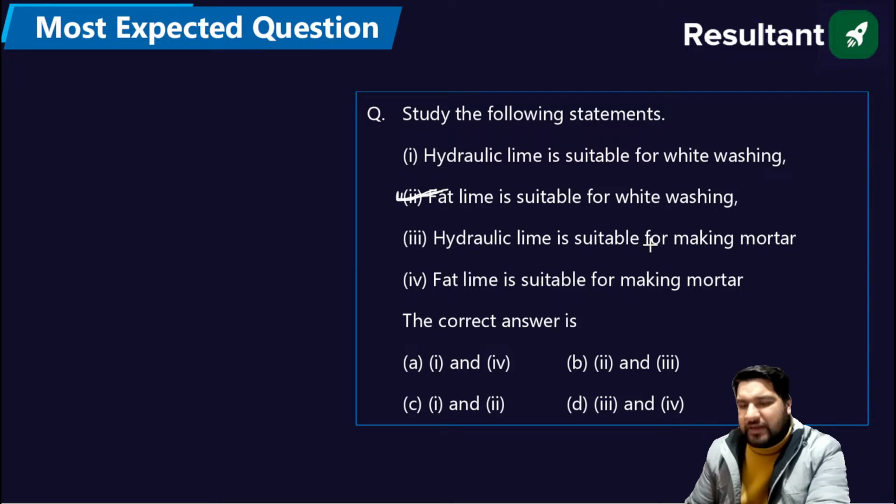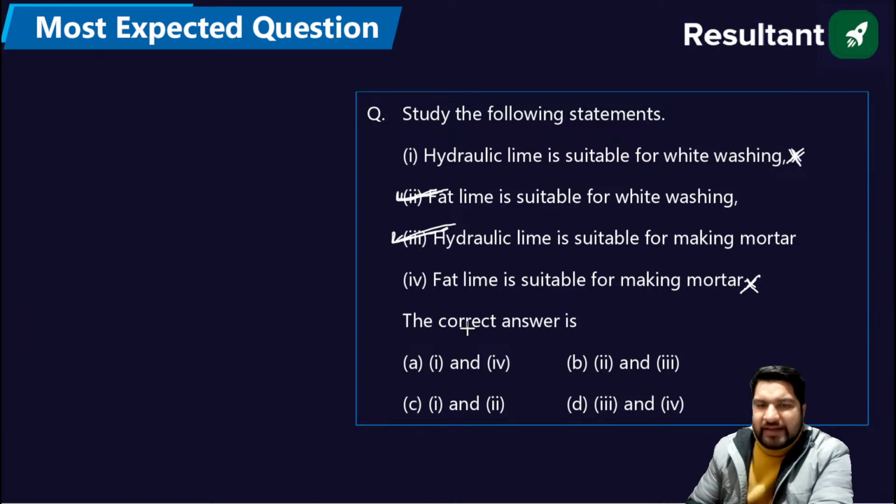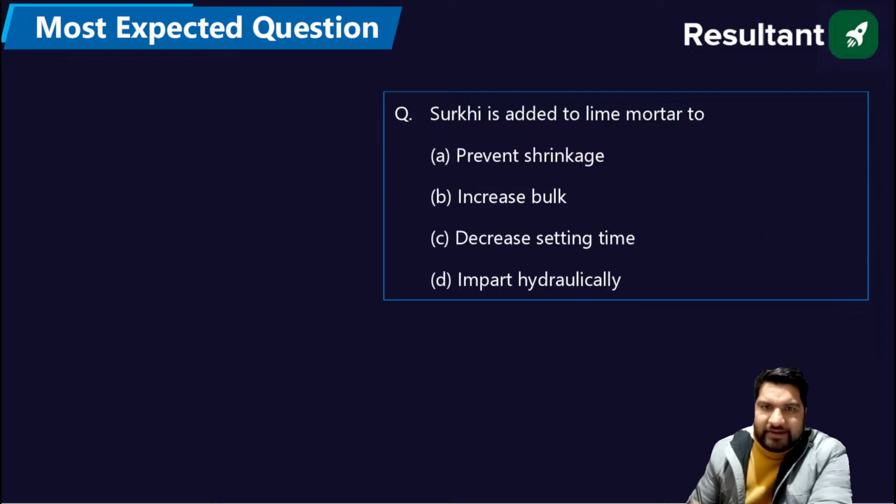Hydraulic lime is suitable for making mortar. These two statements are right. Fat lime for making mortar, no, this is the wrong statement. Hydraulic lime for whitewash, wrong statement. That means the right answer is B. Next question for you.